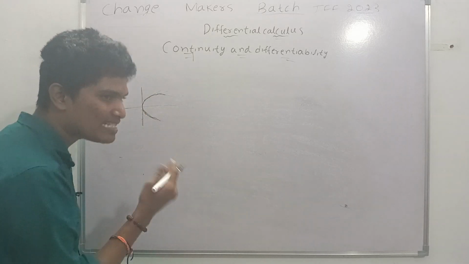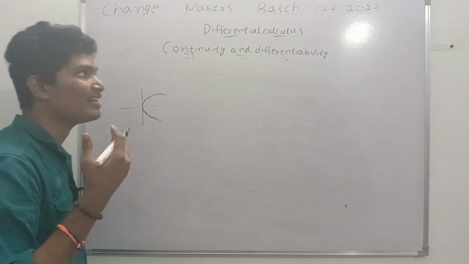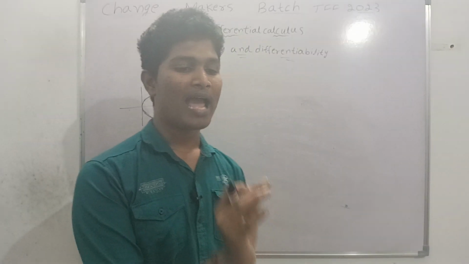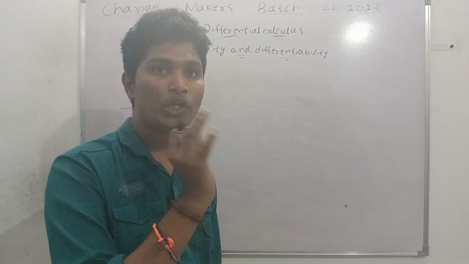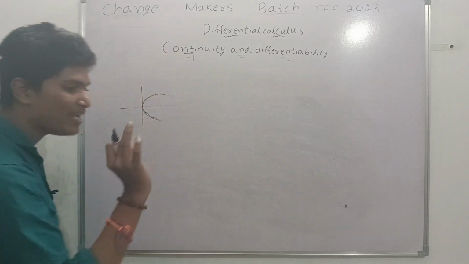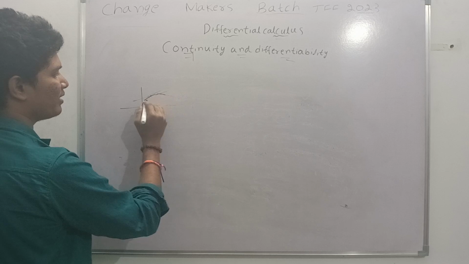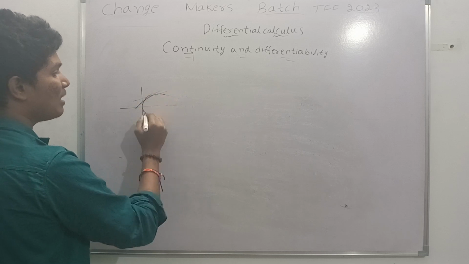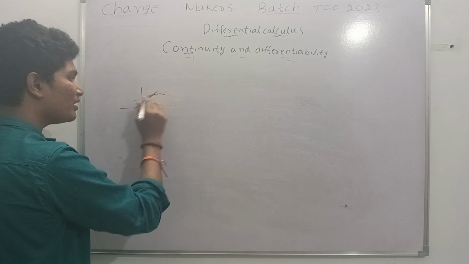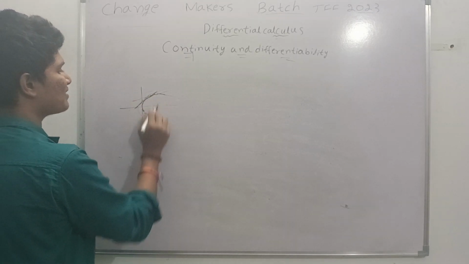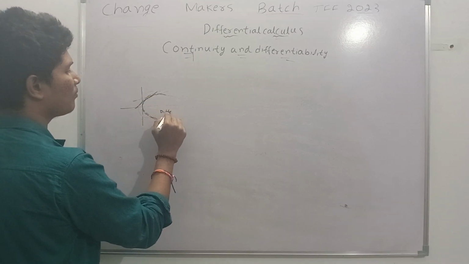The minimum basic requirement to check whether the function is differentiable is that at any point it should have a unique tangent. It is the main condition. At this point it has a unique tangent, and at the next point it has a unique tangent, but at the same point there are no two tangents, only one single tangent. So this curve is said to be a differentiable curve.